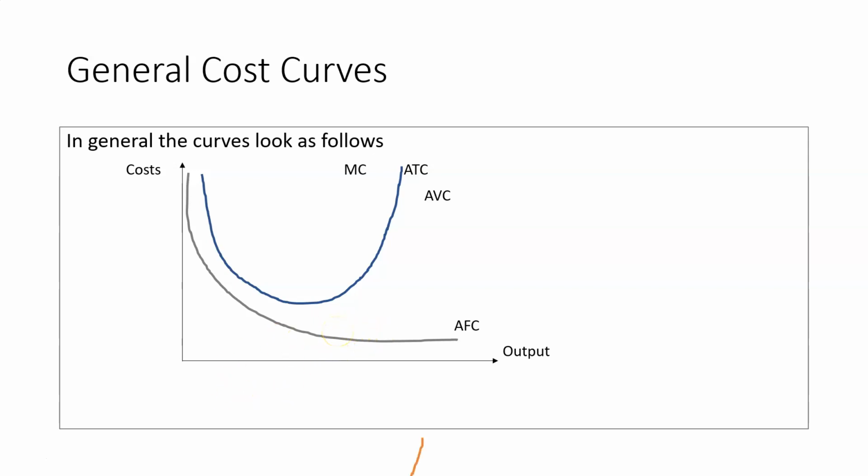If we look at our average variable cost, it starts low and begins to jump. Why? It jumps because as we add more output, the cost of adding that output is greater than the additional output we get.